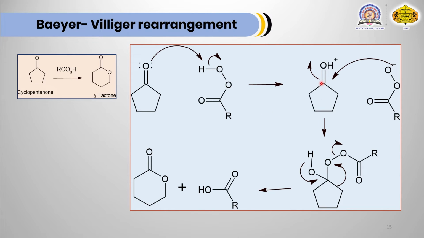After that, this carbon becomes electrophilic in nature. The conjugate base of the peracid attacks this electrophilic carbon. This intermediate is obtained. There is migration of the bond in this case, and the 5-member ring is converted to a 6-member ring, and this lactone is the product obtained in this reaction.